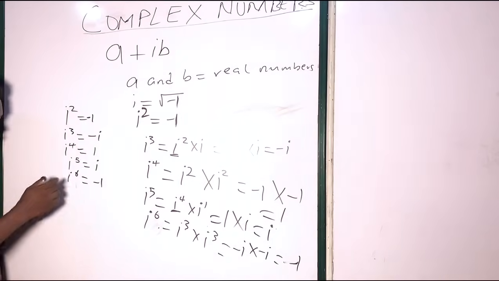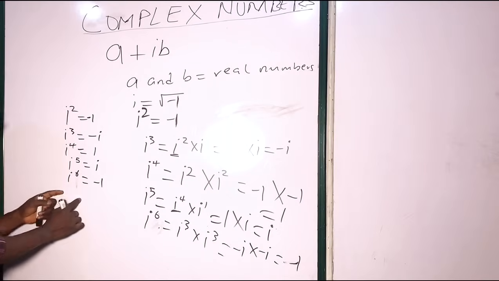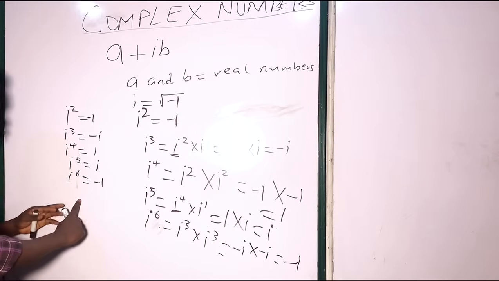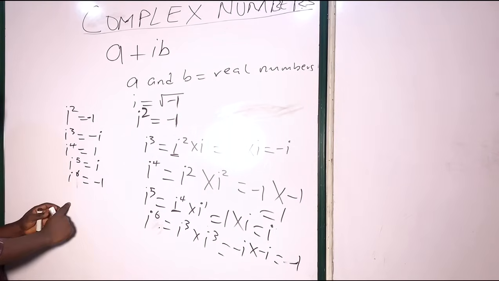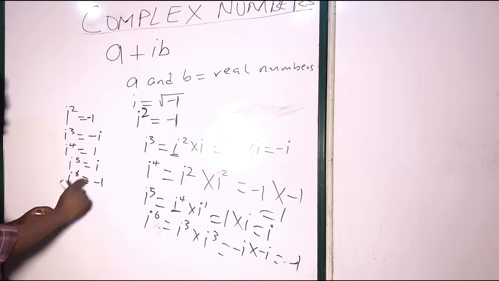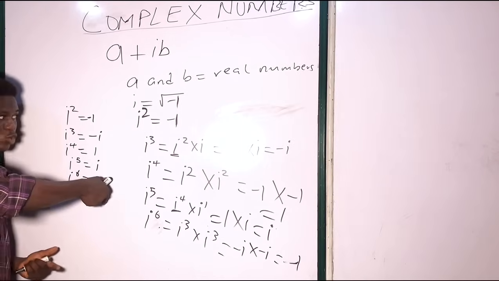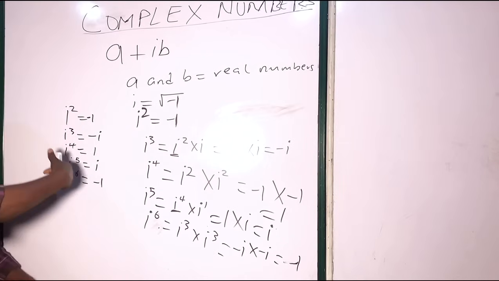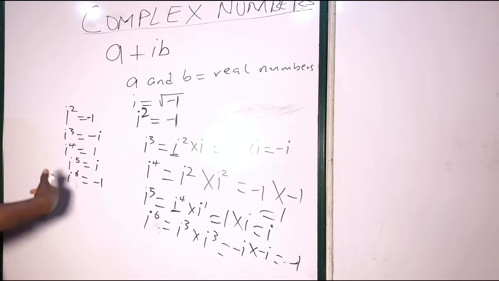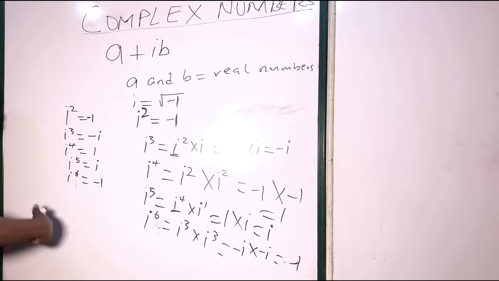So the next one, i raised to the power 7, will be minus i. i raised to the power 8 will be 1, i raised to the power 9 will be plus i, and i raised to the power 10 will give you minus 1 again. Just like that, the pattern keeps repeating.